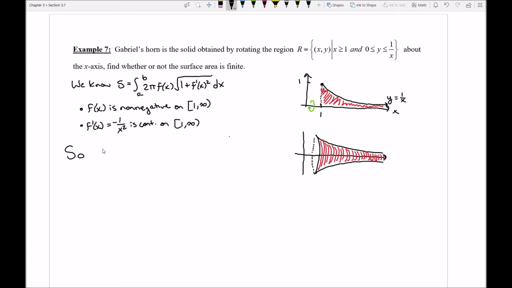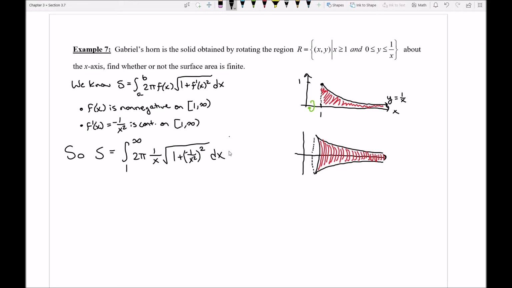So we would expect then to say that our surface area here would be integrating from 1 to infinity of 2 pi multiplied by our function times the square root of 1 plus negative 1 over x squared, all squared, dx.